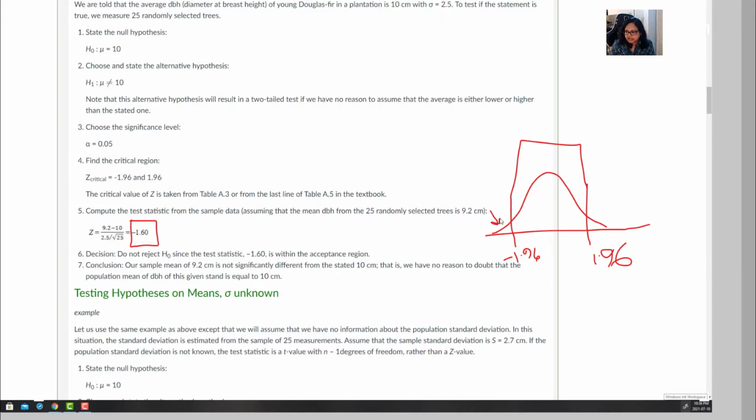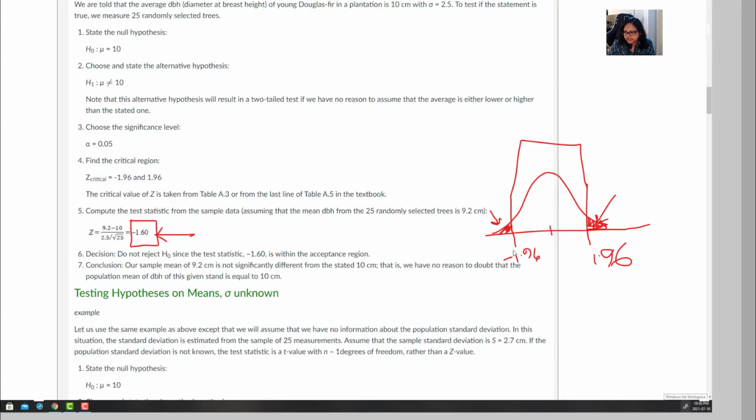If it falls somewhere here or somewhere here, then we are going to reject the null hypothesis. Okay, so we have regions, we divided them. So my question is, negative 1.60, where does it fall? We have to figure out where it falls.